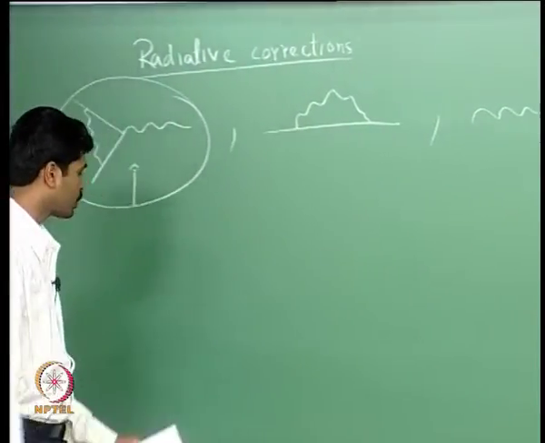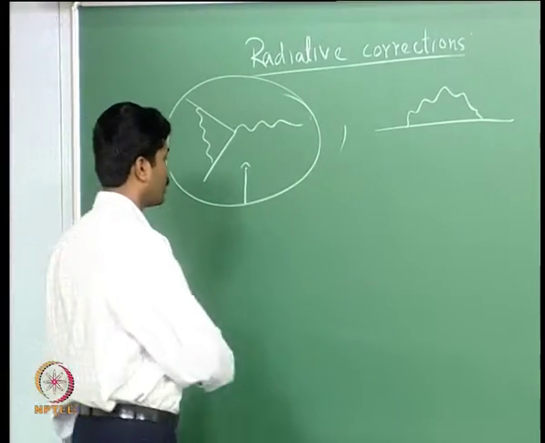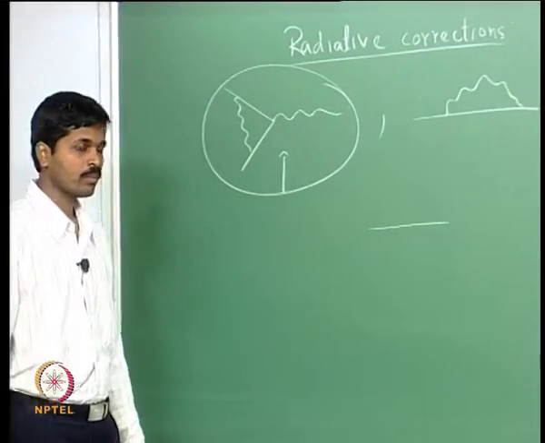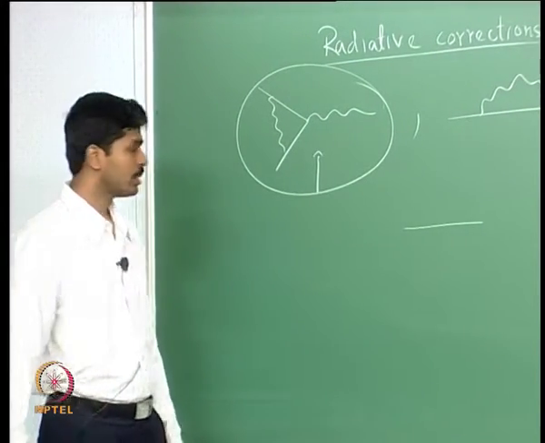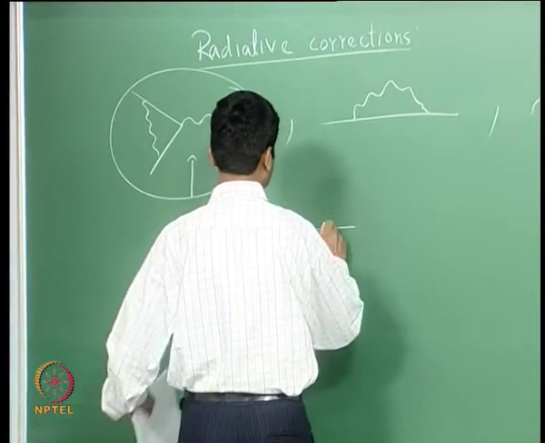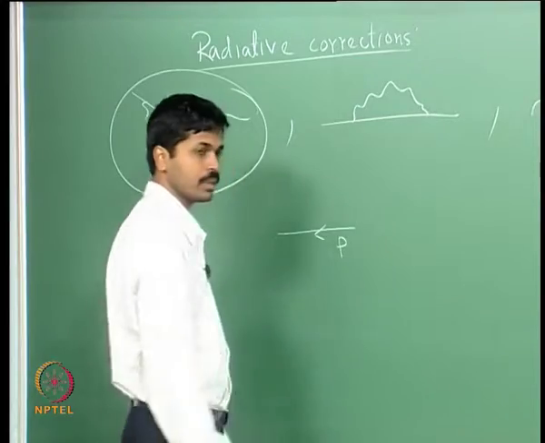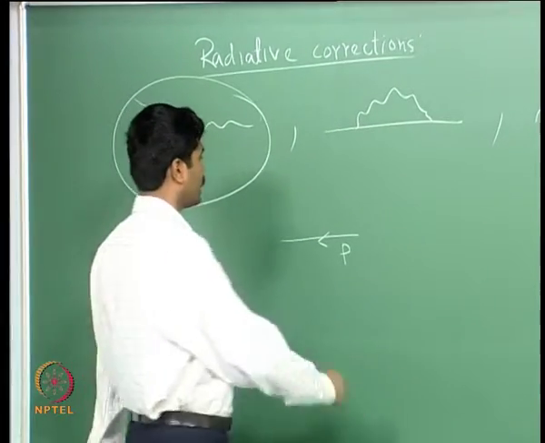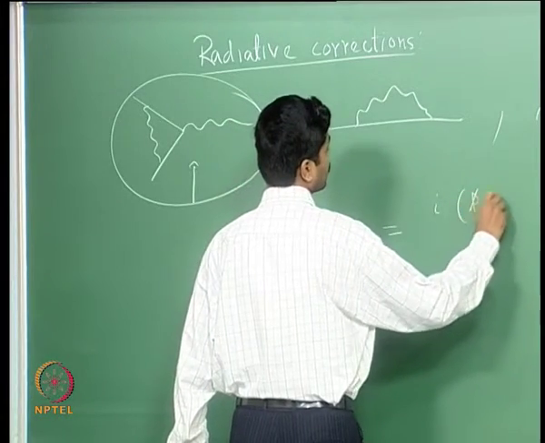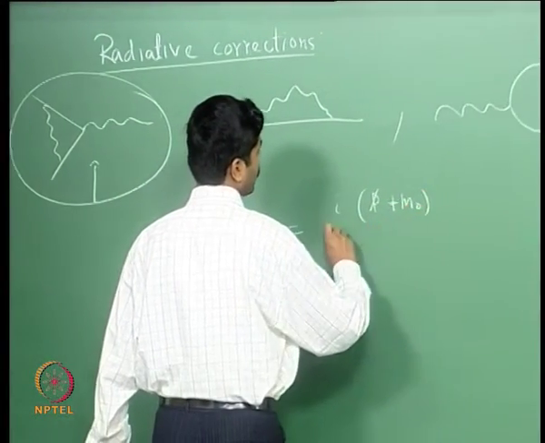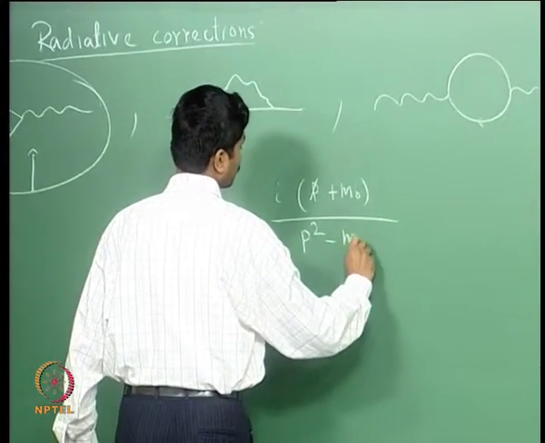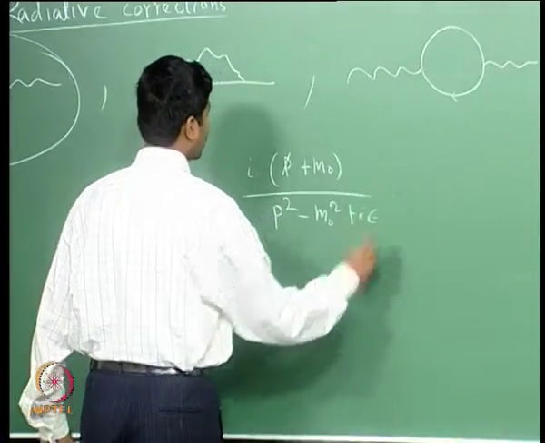So the 2-point function, we know already at tree level, is basically given by this diagram here, and the contribution here is just the free propagator. If I denote this momentum to be p, then the propagator is given by i (p slash plus m0) divided by p square minus m0 square plus i epsilon.